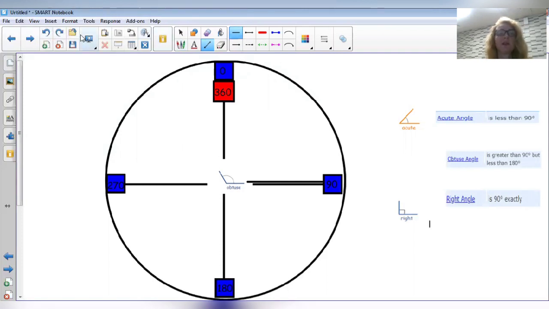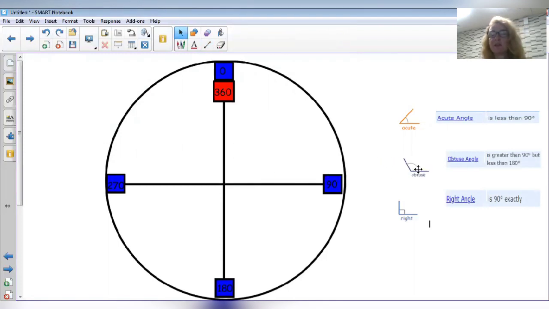So that's definitely an obtuse angle. And we now want to do our activities 3 and 4, where we check different angles to see if they are exactly 90 degrees, or if they are less than 90 degrees, or if they are greater than 90 degrees but still less than 180 degrees. So let's do that now.